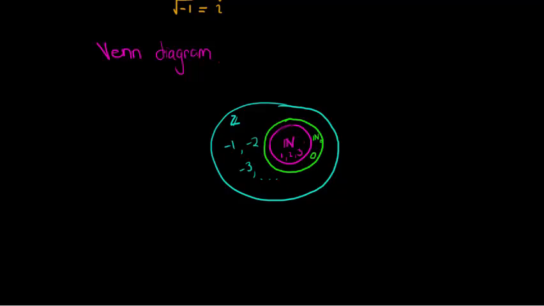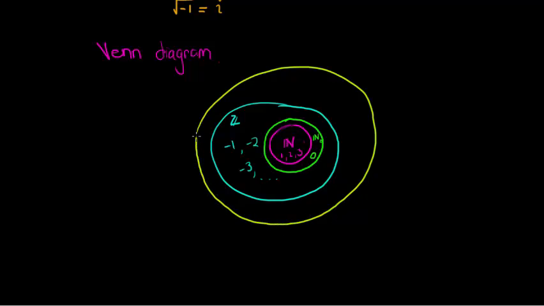Okay, and then after the integers we had rational numbers. Now all of the integers are rational numbers, so I'll have a bowl with all the rational numbers, Q. Inside the rational numbers bowl, I'll have to put the integers, which contained the natural numbers, which contained the counting numbers.